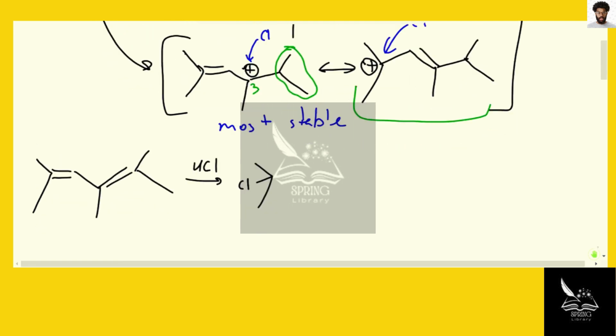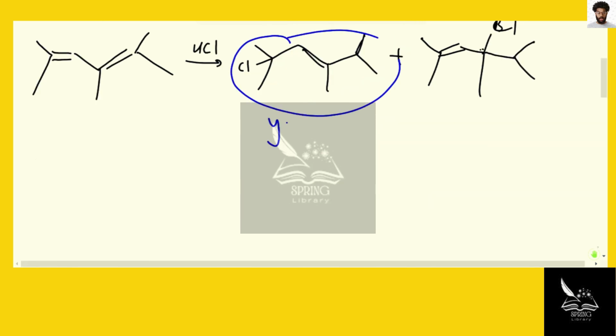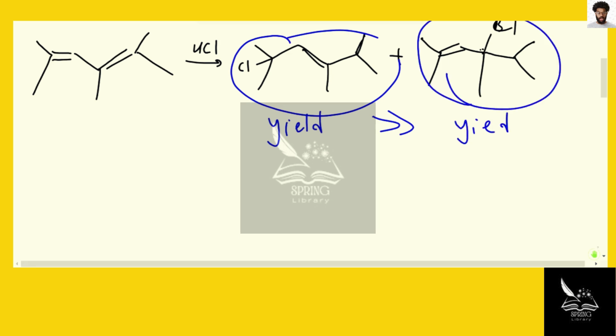It's more likely a 1,4 addition, with possibly some minor amount, with lower yield, of 1,2 addition. And here we might speculate that this one has a higher yield in comparison with this one due to the steric hindrance.